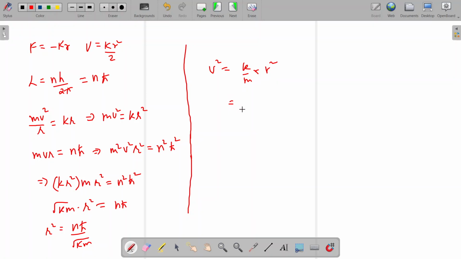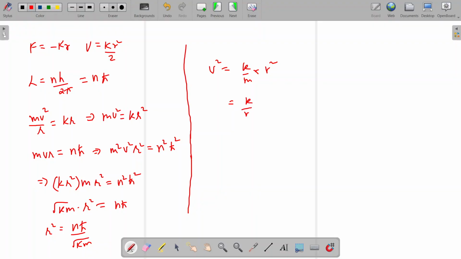So this is a rather tricky question. We are asked to find what is v square. You can find r as well. r will be simply the square root of the thing which we have found. There would be square root of n, square root of h prime, and 1 upon 4th power of km. But it would be the same thing. So v square is equal to k by m into r square.